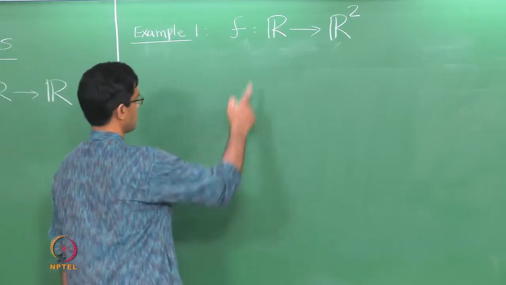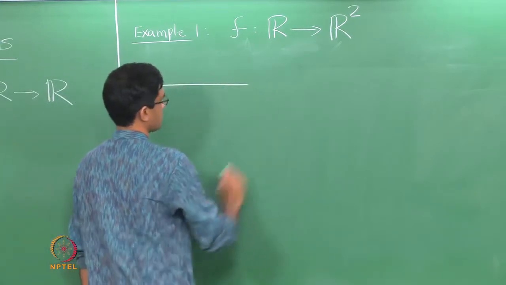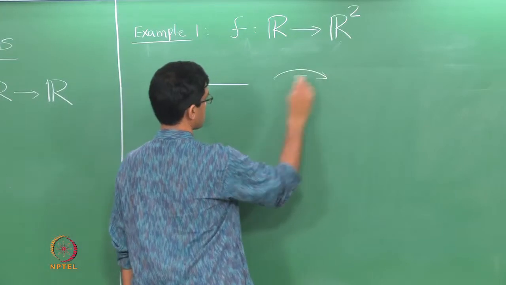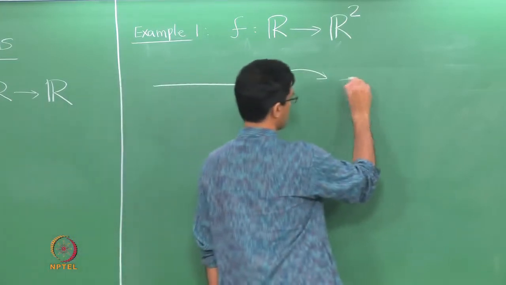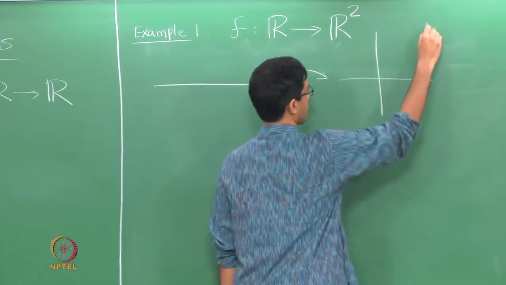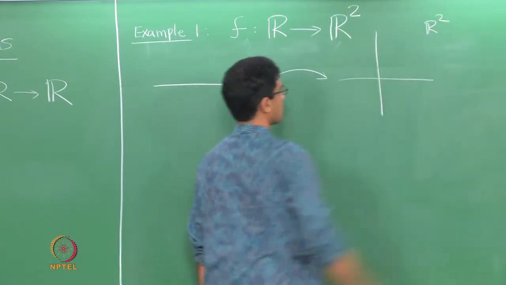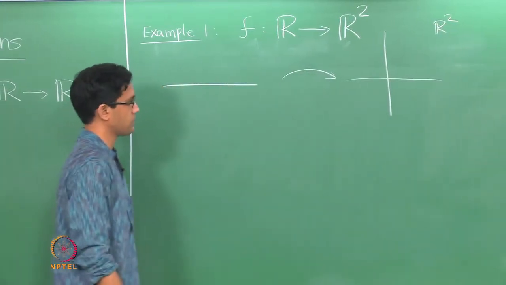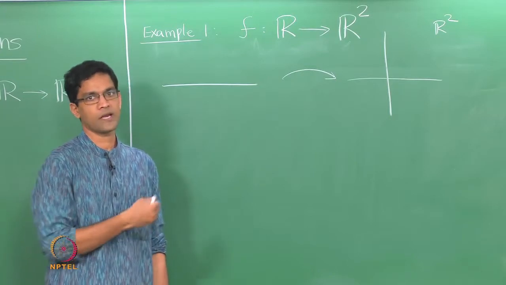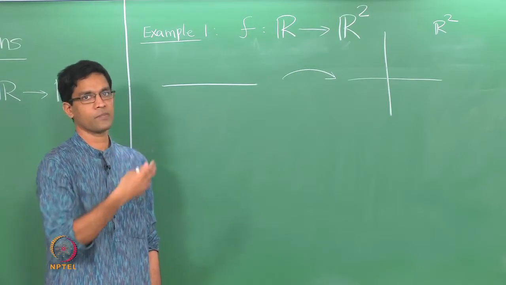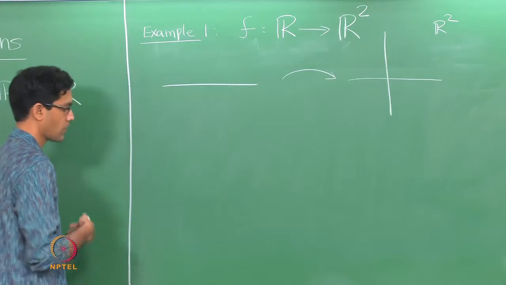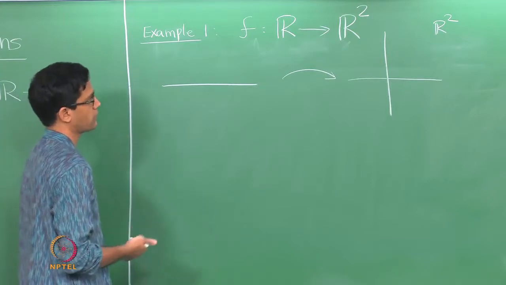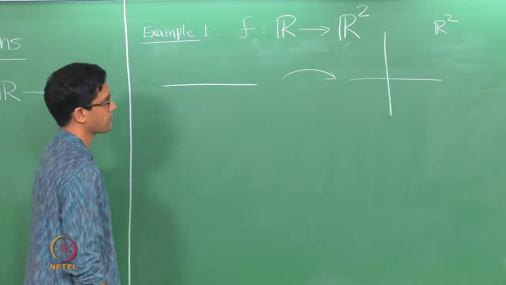R of course is just the real line, and so this function maps each point in this real line to a point on the plane, which we usually denote R2. Now the question is, how do you form a mental picture of this function, or draw a picture which gives you some idea of how the function behaves?